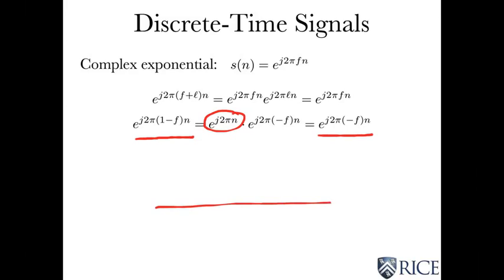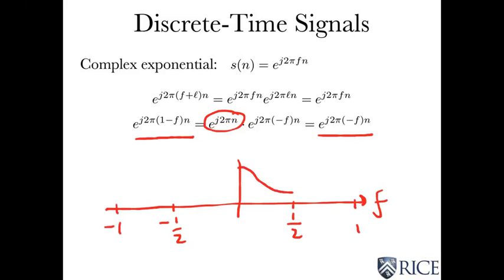So here's our f-axis. And here's 1/2, minus 1/2, 1. Let's extend it out to minus 1. It's got to be periodic with period 1. So that means this part looks like that. It turns out that this part, the part greater than 1/2, has to be the same as this part because it's periodic.